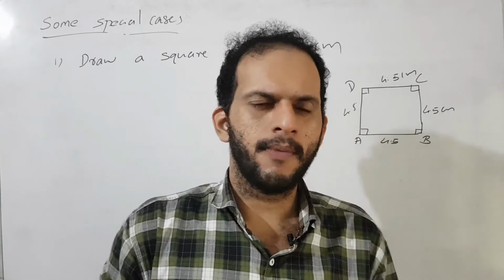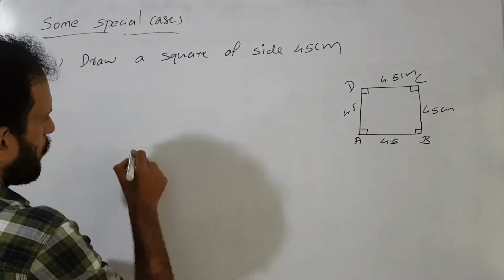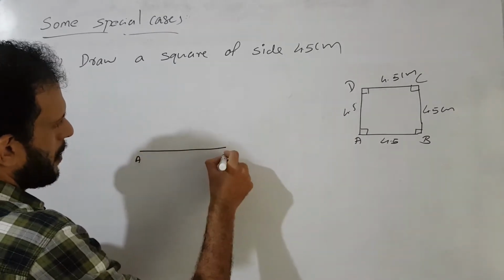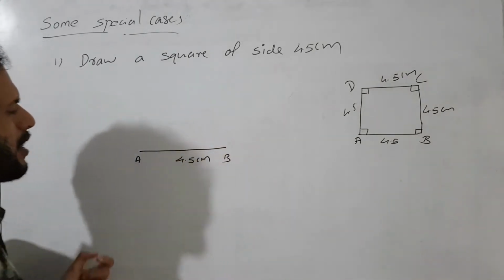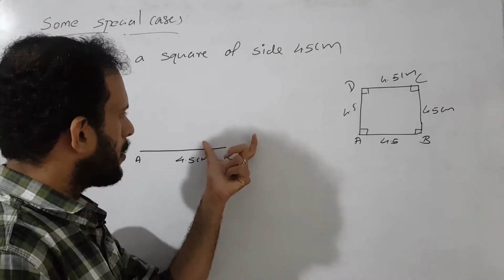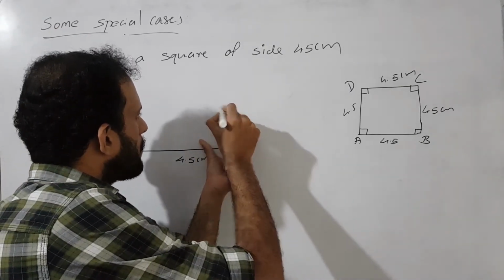That is very easy. First we use the scale and draw 4.5 centimeter and give it the name AB. Then we keep the protractor on A or B, on B, and mark 90 degree.